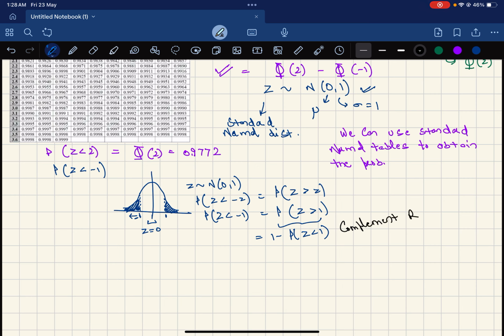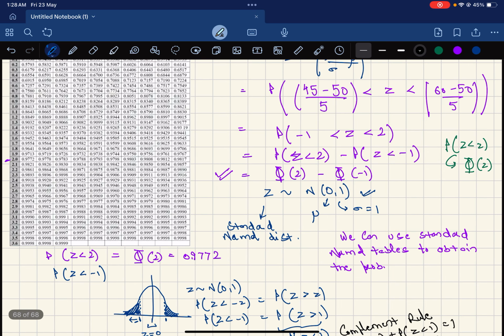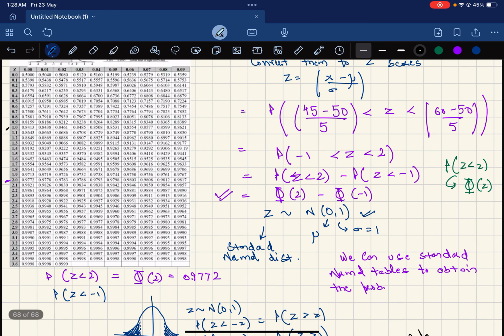because we know that P(Z > 1) plus P(Z < 1) have to be equal to 1, since these are the only two possibilities. Therefore P(Z > 1) can be calculated as 1 minus P(Z < 1), which is 1 minus phi(1), and this can easily be seen from the standard normal tables, from this particular row here, which is 0.8413.